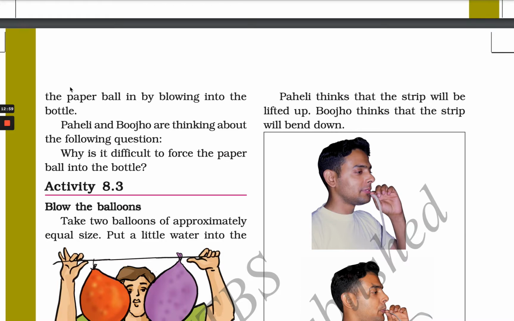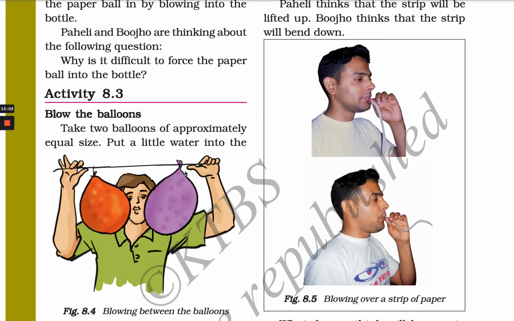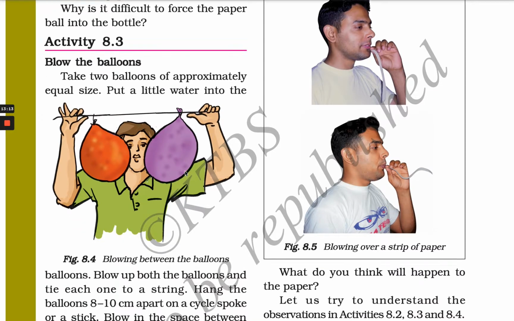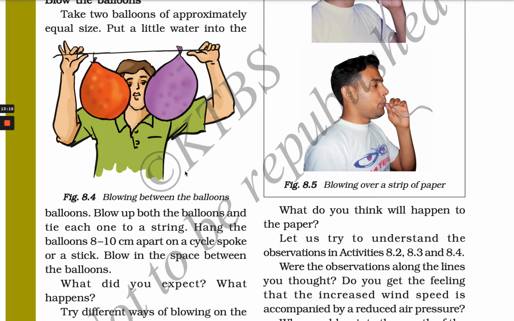In this activity 8.3, they asked you to fill 2 balloons with water and tie them on a stick as shown here. Hang them apart by 8 to 10 centimeters and try to blow into the space between the balloons and see what happens. That's activity 2.